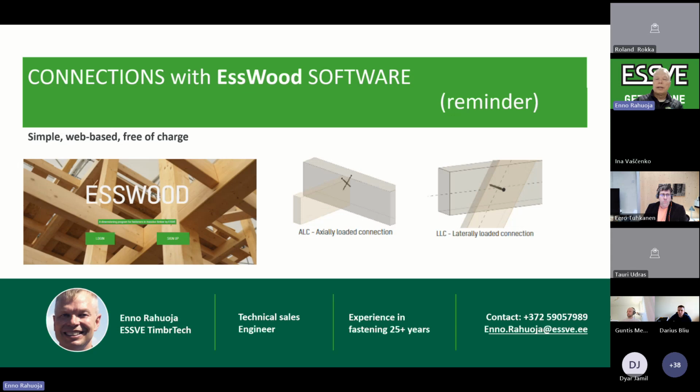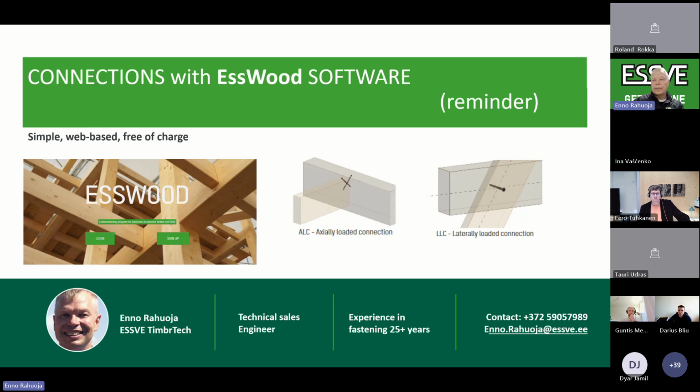About S-wood itself, we have 2 applications in our software, and some of you have probably used the software. Today's question, also in the poll, is: have you found that we have a lateral application and also an axial application?